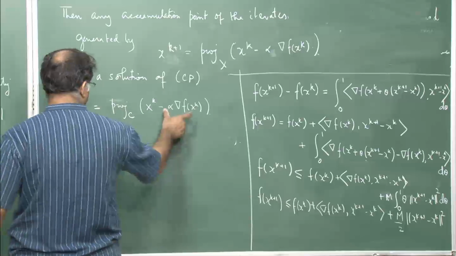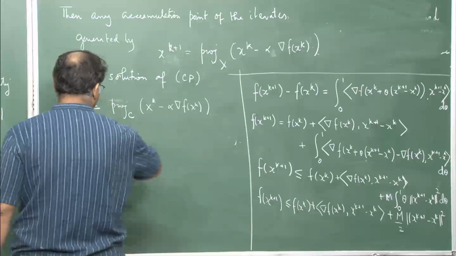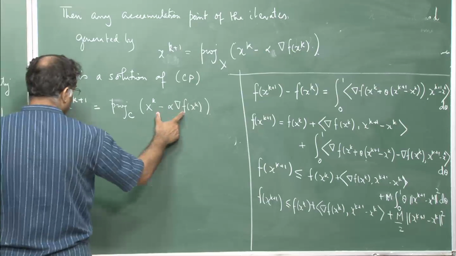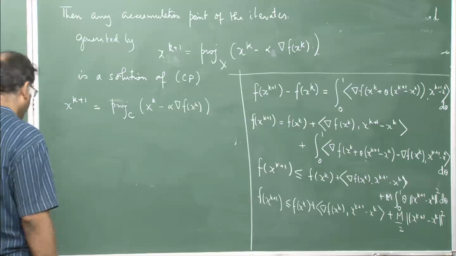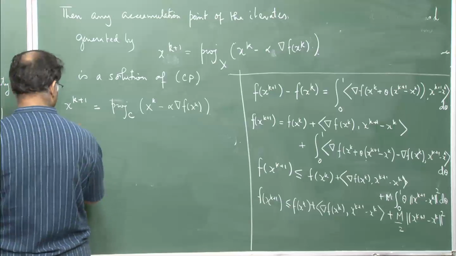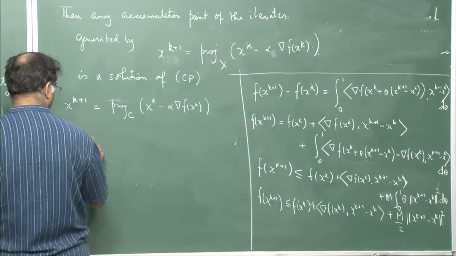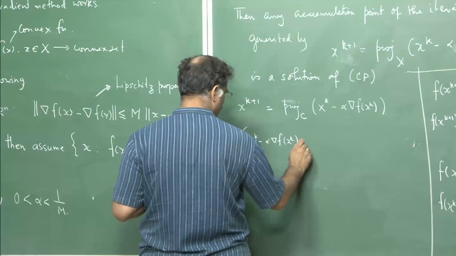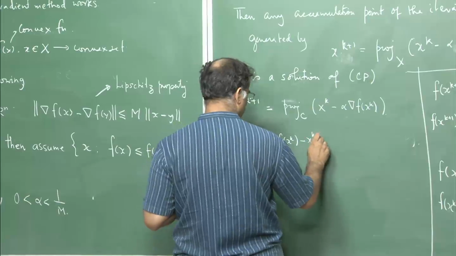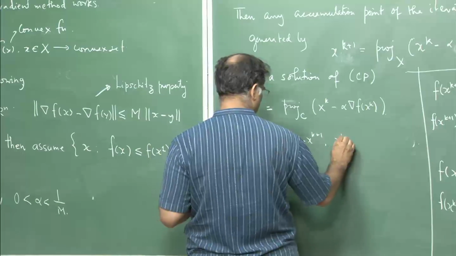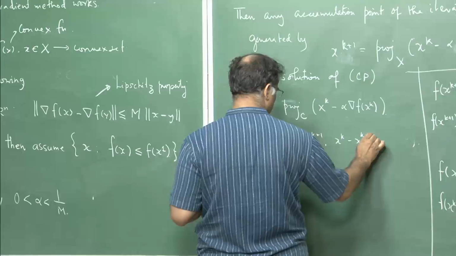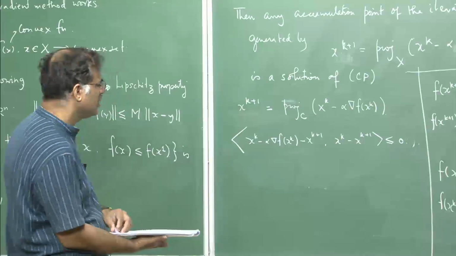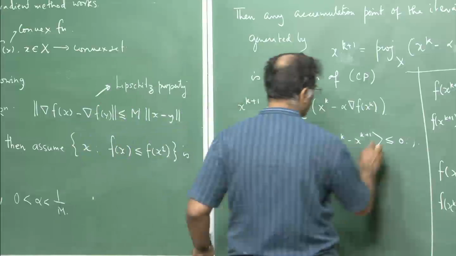Now, what does this mean? This is the projection of this, so by the definition of projection, this vector minus this vector is an element of the normal cone. So x_k minus alpha grad f(x_k) minus x_{k+1}, times (x_k minus x_{k+1}), this must be negative. This is just from the definition of the normal cone.